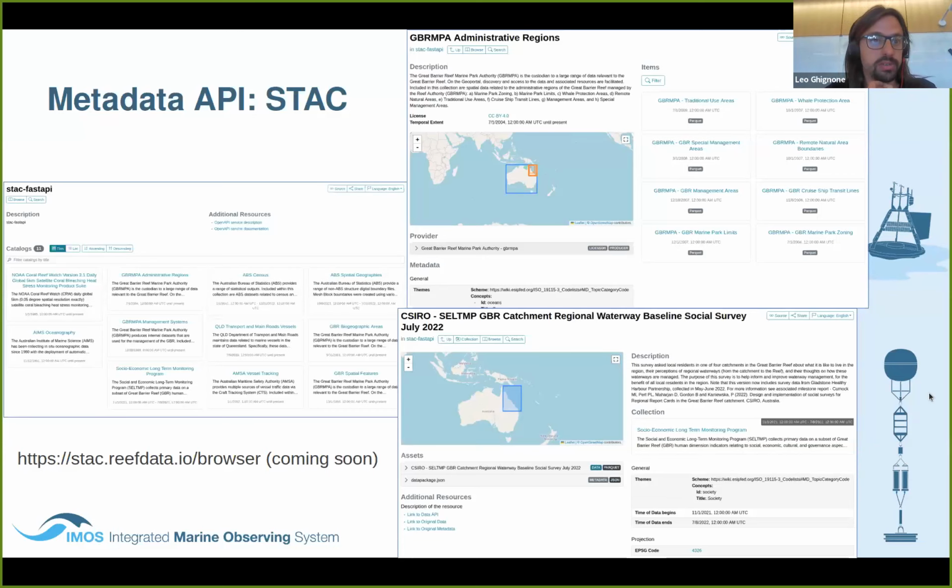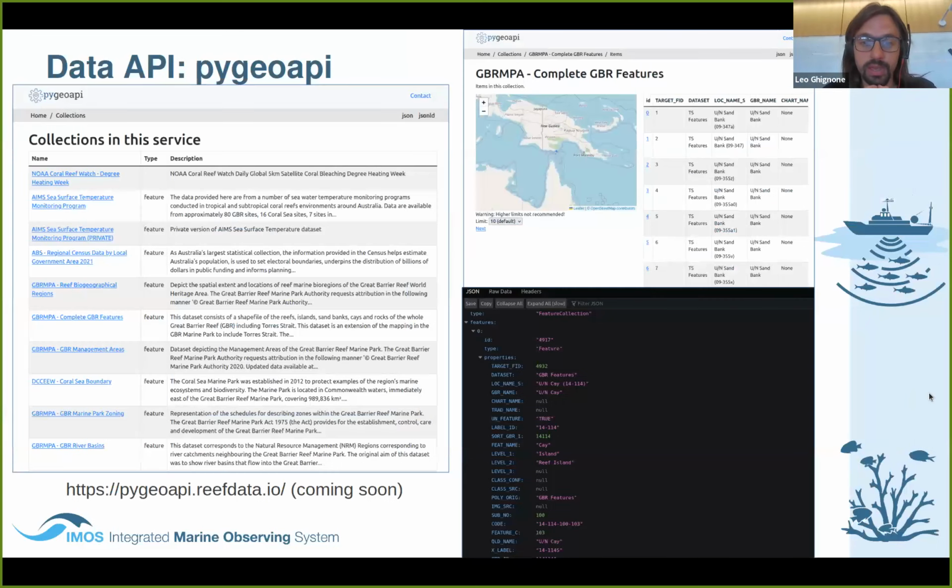In addition to this, we have an API to actually get the data, and this is PyGeoAPI, another Python library. This is an implementation of the OGC standards, and at its core you can write a program to query this API, and you will get JSON results with whatever you are querying.